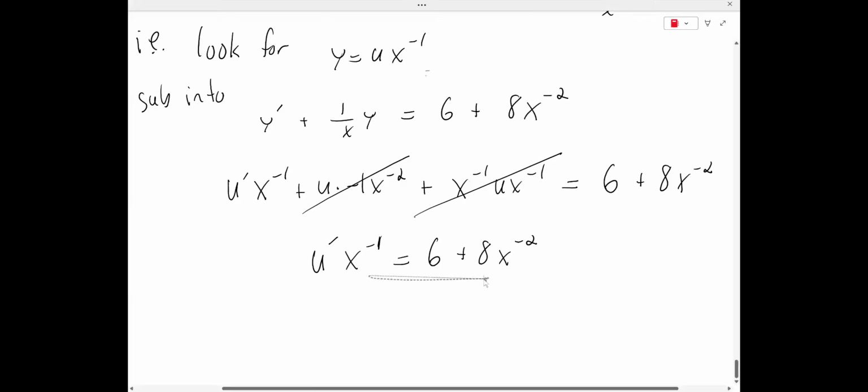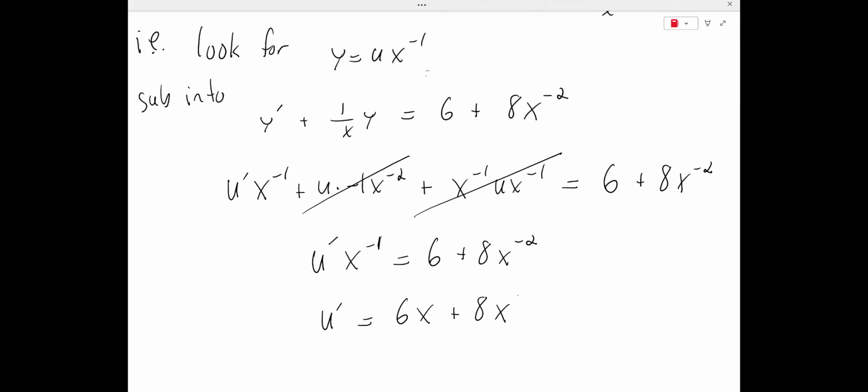Multiply both sides by x to the first, that makes a 1 here. So I get that u prime is equal to 6x to the first plus 8x to the negative 1.